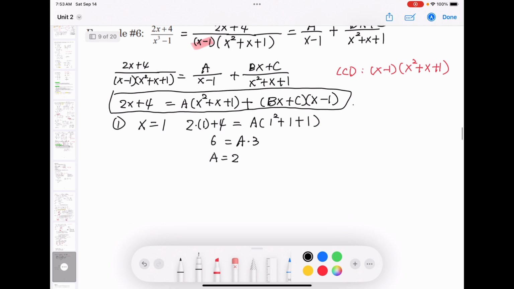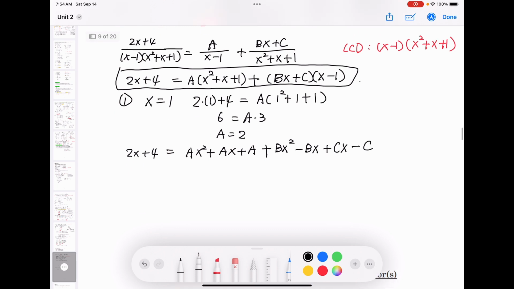We have 2x plus 4 is equal to, distributing the a, ax squared plus ax plus a. And then for the multiplication between two binomials, we can FOIL it. We're going to have bx squared minus bx plus cx minus c.